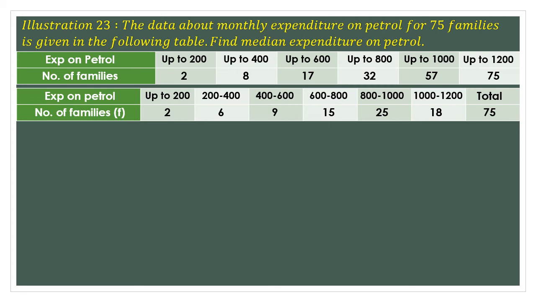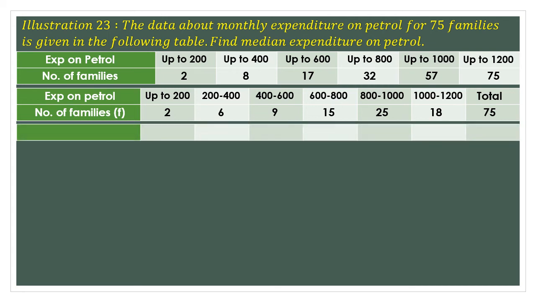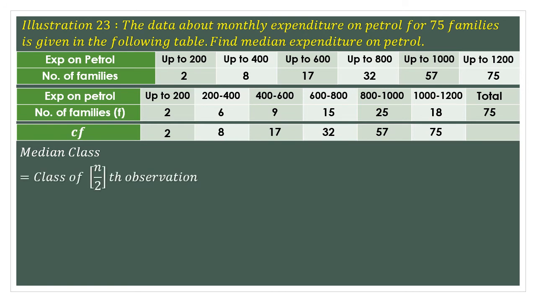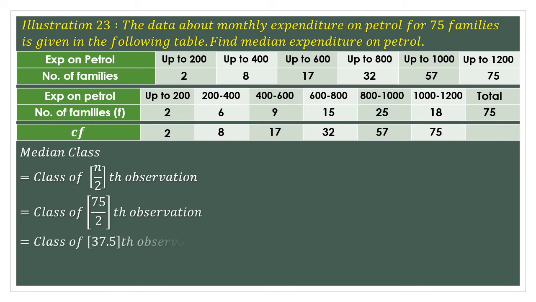Once we have our regular frequency distribution, we just need to make a column for CF. It will be the same as the above values, 2, 8, 17, 32, 57 and 75. Clear? Once we are done with this, we start with the regular sum, that is finding the median class. Because this is continuous data, the median class is found using n upon 2, that is 75 upon 2, meaning the 37.5th observation.